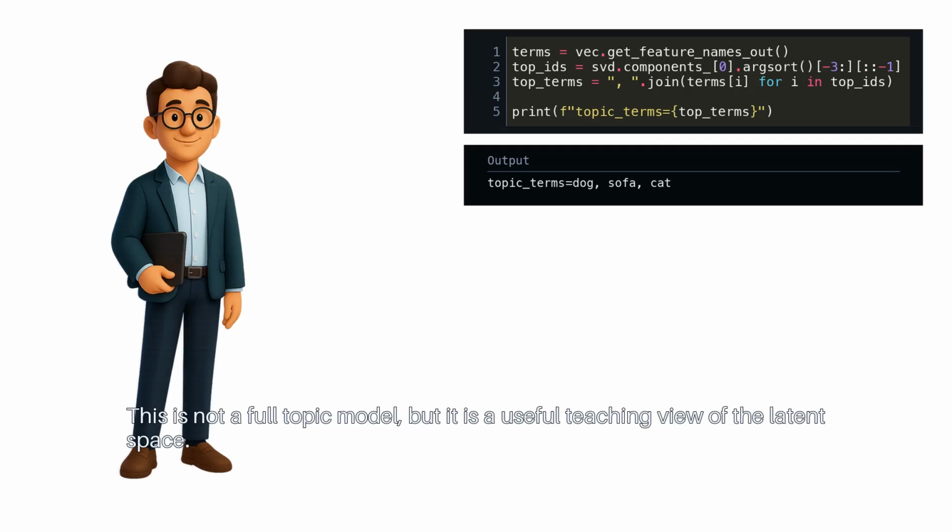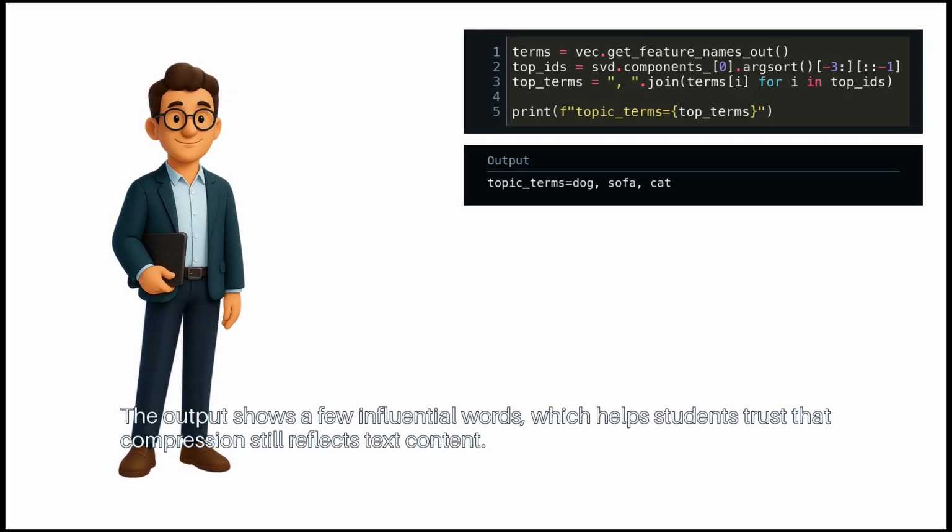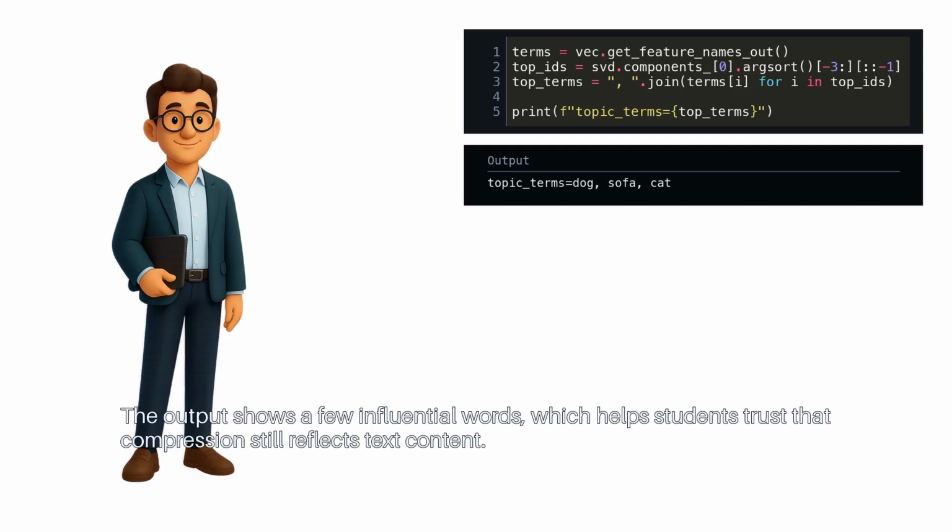This is not a full topic model, but it is a useful teaching view of the latent space. The output shows a few influential words, which helps students trust that compression still reflects text content.